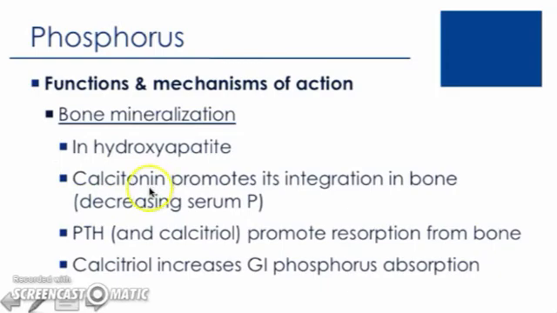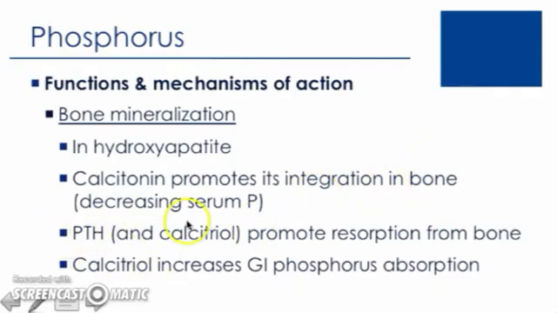We see that calcitonin promotes the integration of phosphorus in bone. Like we saw with calcium, when serum phosphorus levels get too high, then calcitonin activity increases, promoting the integration of phosphorus from the blood into the bone. Again, that's similar to what we saw with calcium.